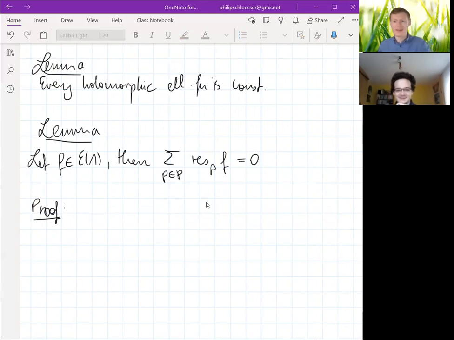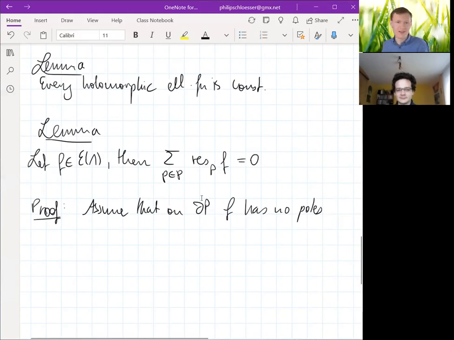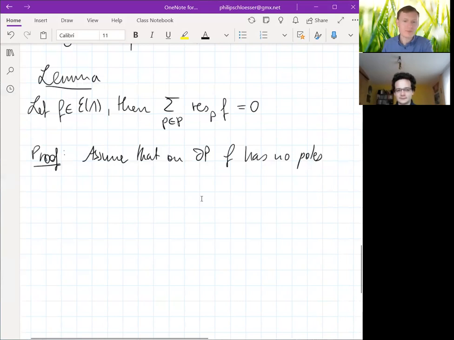So I guess you assume that on the boundary of P, f has no poles. Otherwise, we can move P just a little bit, and then we would still have a unit cell, and in particular, the residues would still have the same sum.